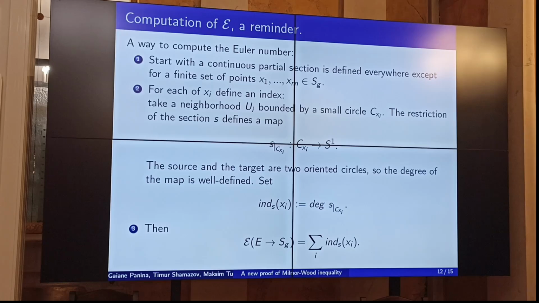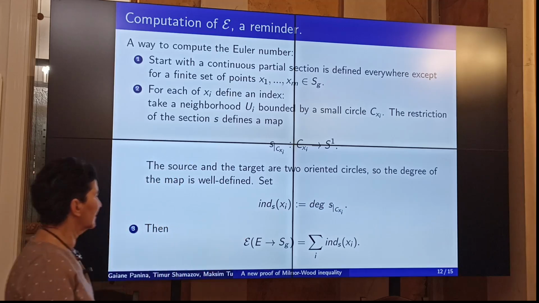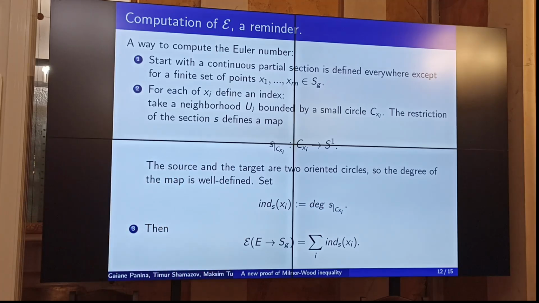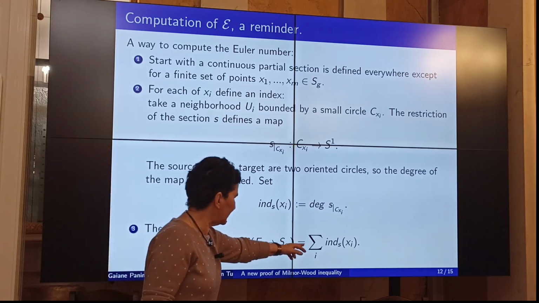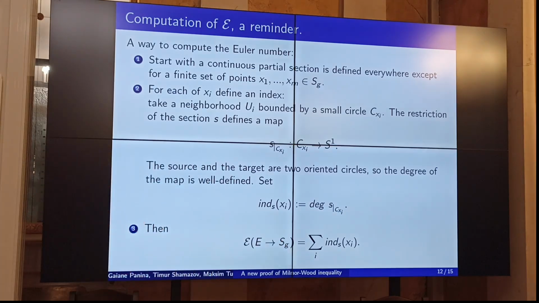But if we eliminate a finite set of points, then there is a continuous partial section, which is defined everywhere and is continuous except for the finite set of points. Then for each of these eliminated points, there is a quite naturally defined index, and the Euler number equals the sum of these indices. It is a constructive way to compute Euler number.